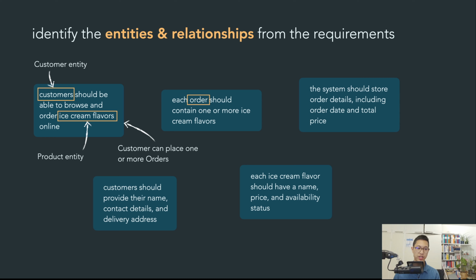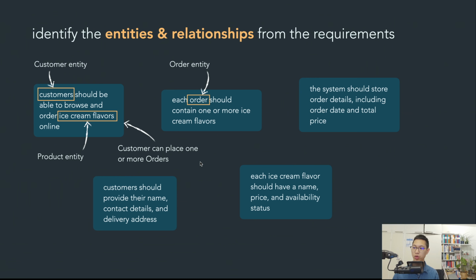And then each order should contain one or more ice cream flavors, right? So order is an entity as well. So we have customer entity, we have product entity, and we have order entity. And here, this is a relationship between customer and order.